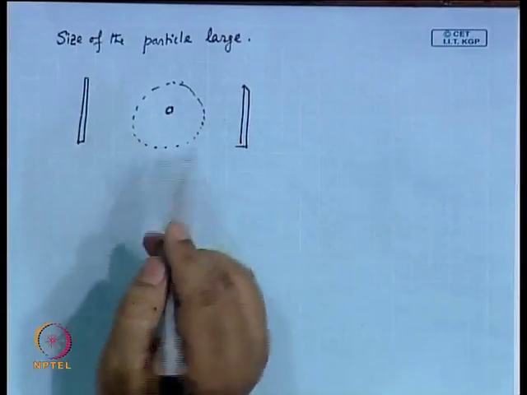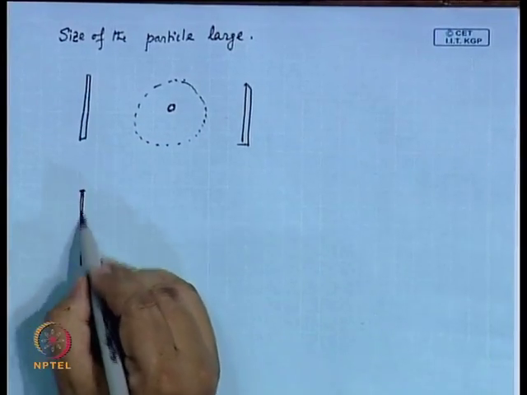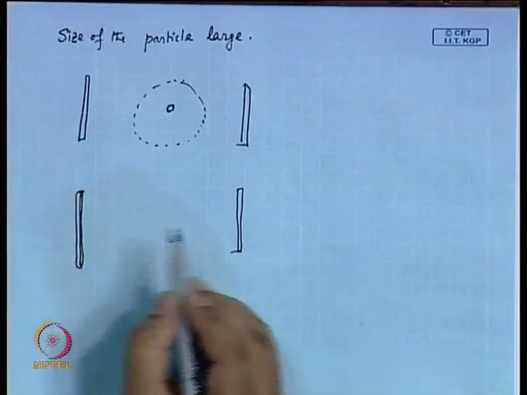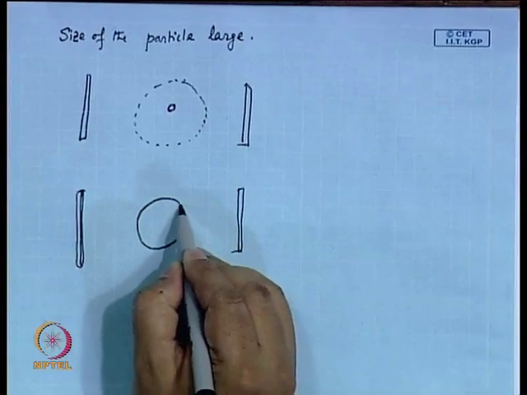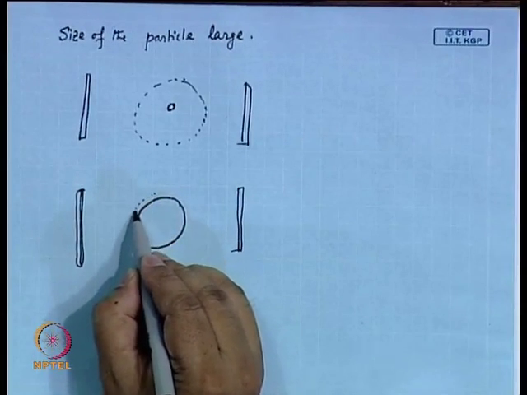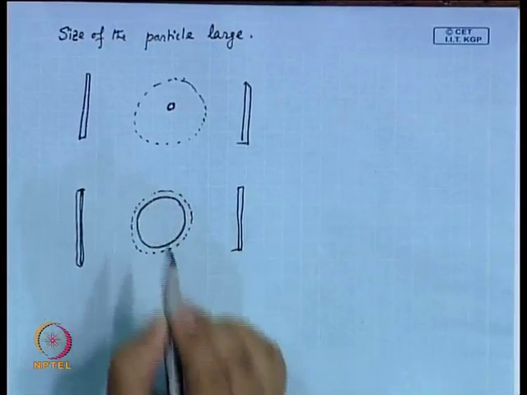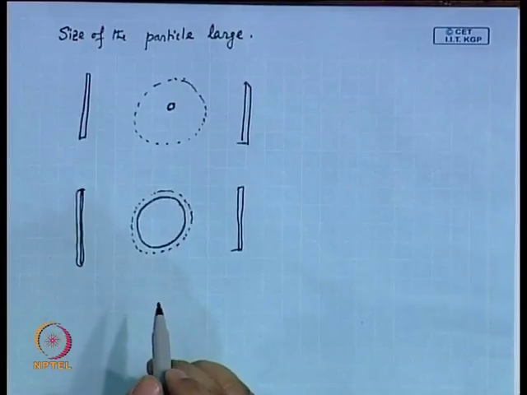That can be one case, and the other case could be you have a set of electrodes and you have a large particle, and the dipole length correspondingly is smaller. Okay. So, there are two such situations possible.